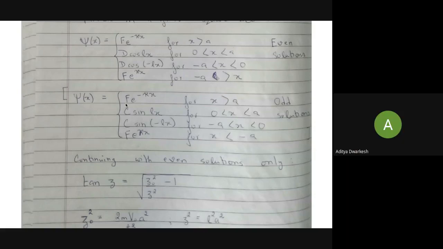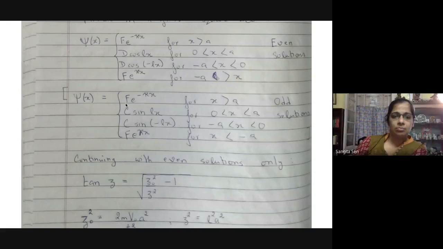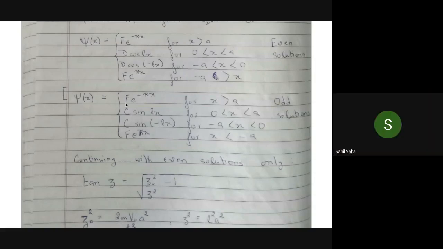Whatever f may be, if you have f for x greater than a, shouldn't you have minus f for x less than minus a, if it's an odd function? Ma'am, the final wave function is symmetric about 0, so we are maintaining the symmetry in both cases.